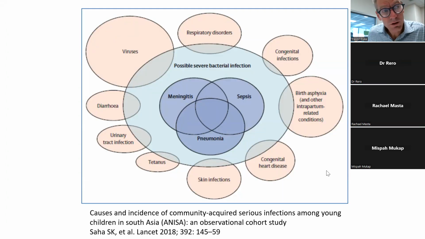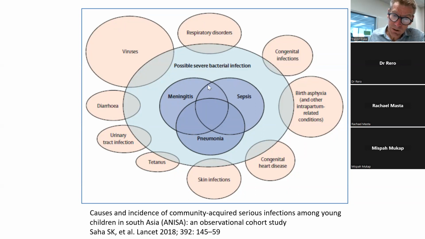Now, when you see a baby that's got a suspected bacterial infection, there are several types of possible severe bacterial infections they can have. There are many others, because we talked about cord infections and skin infections, and they overlap.